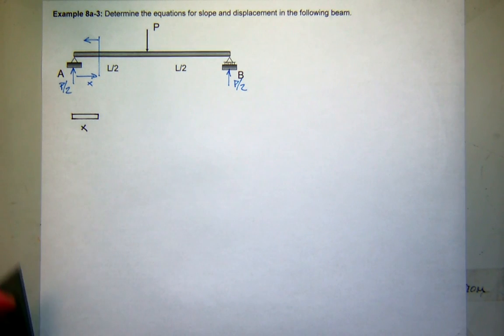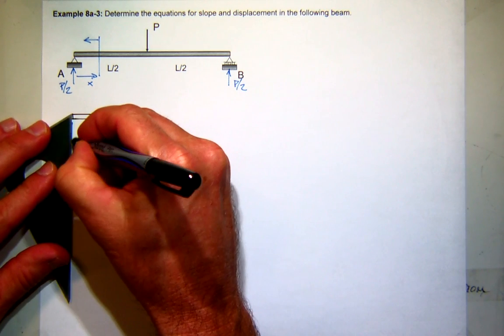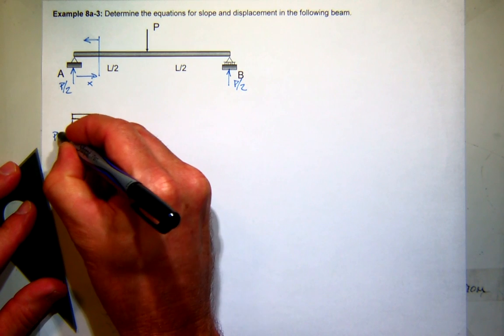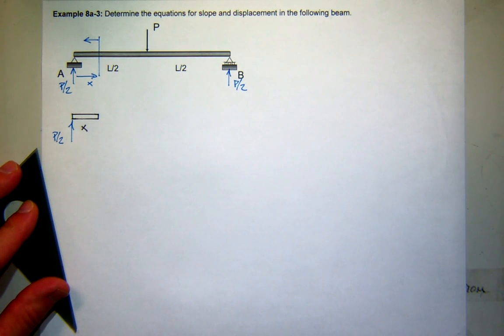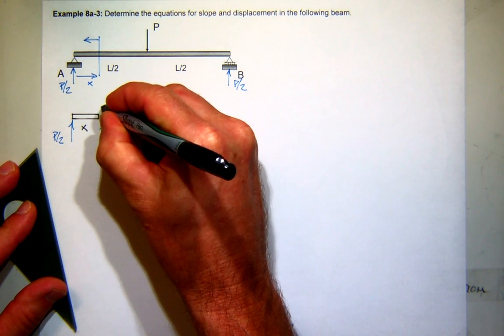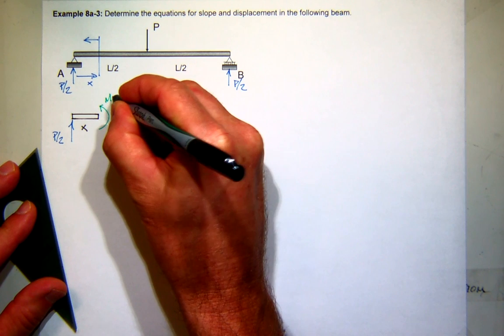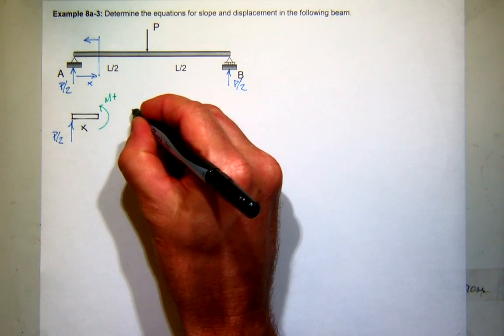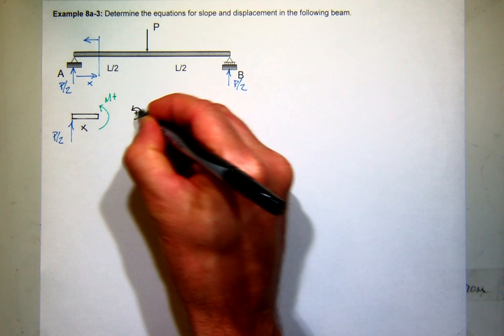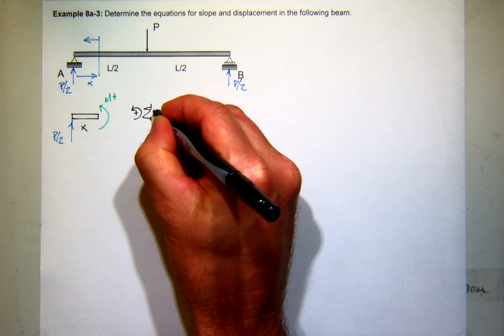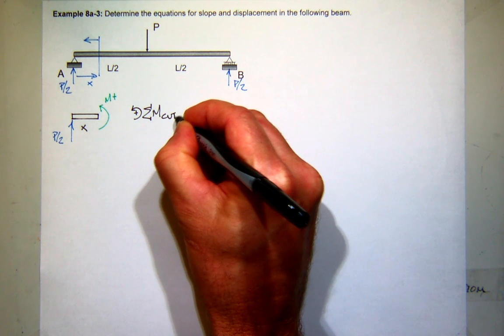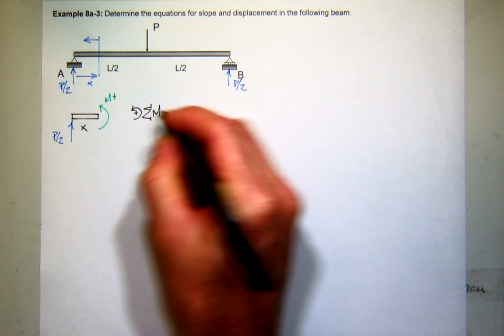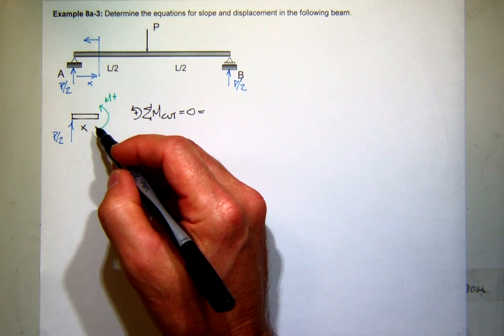It has a distance x, and I have the reaction P over 2, and I have my internal moment that I'm trying to find. So this is my positive bending moment. Now if I sum moments about the cut and assume right-hand rule for my sign convention, it shouldn't be too hard to find what that internal moment is.